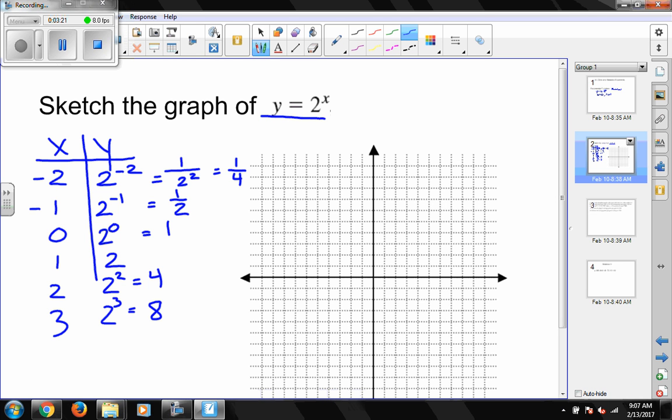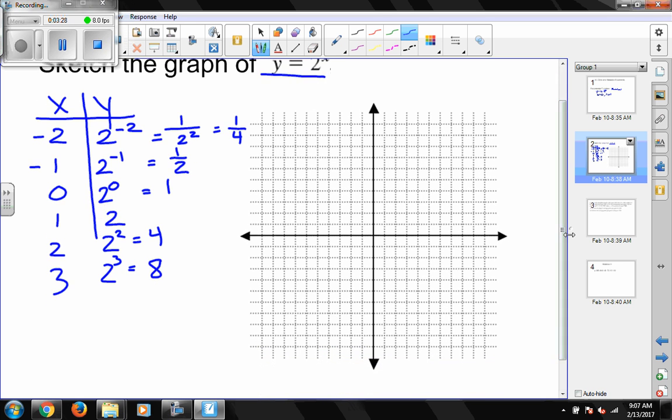So now we've got a whole bunch of x values, we've got a whole bunch of y values. So let's try and graph these. We go -2, 1/4. Now obviously your graphs are not going to be perfect. I don't expect them to be. Just give me your best shot. I'm not going to measure whether you went a quarter of the way up or a sixth of the way up.